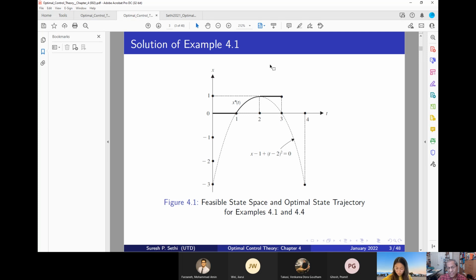Going above will increase the value of the control and decrease the objective function. So from this point on, I can again use 0 control and go all the way to 3. So you can sort of see that the optimal path in this problem is a path that goes from here to here, from here to here, here to here. And for that, I can find the control easily. Okay, so let's do that.